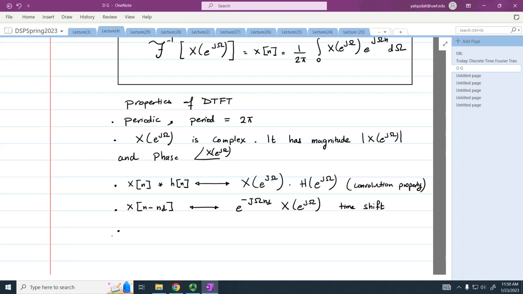Okay. Another property: x of n multiplied by w of n. If I multiply two signals in the time domain, in the frequency domain this is going to equal 1 over 2 pi times X of e to the j omega convolved with W of e to the j omega. We call this the modulation property.